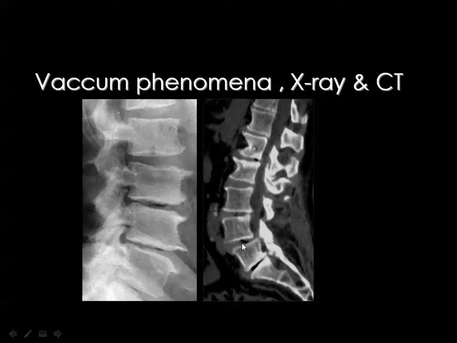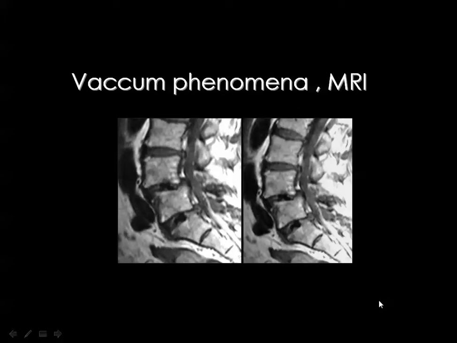Also another air loculus in the L45, and more air at L5S1. This is a sagittal reconstructed CT image of the lumbar spine. And this is the plain X-ray showing minute air here and there. This is known as the vacuum phenomenon.